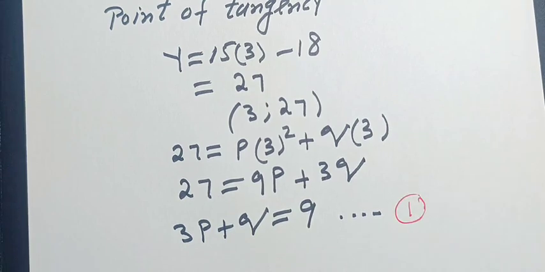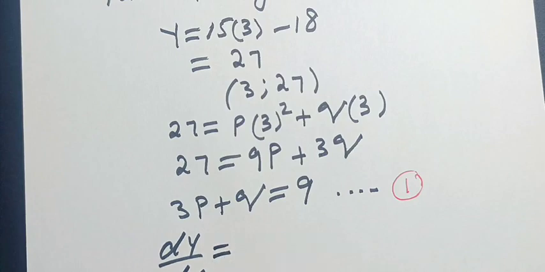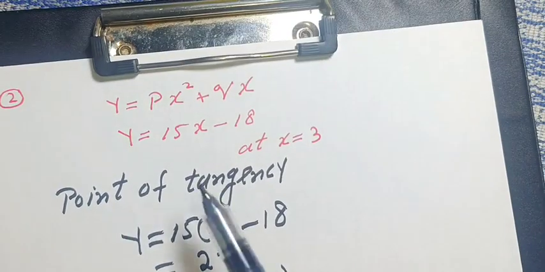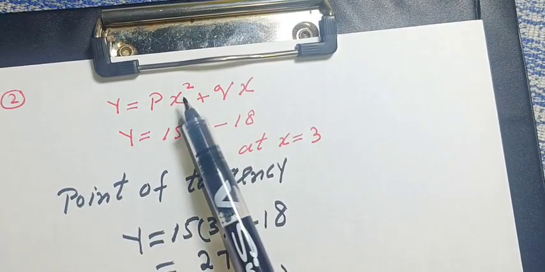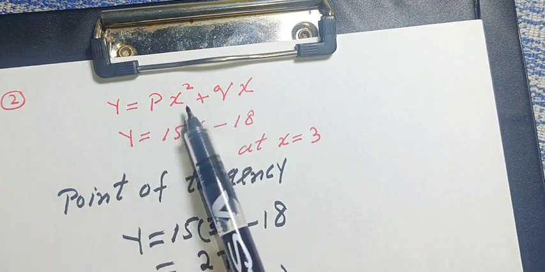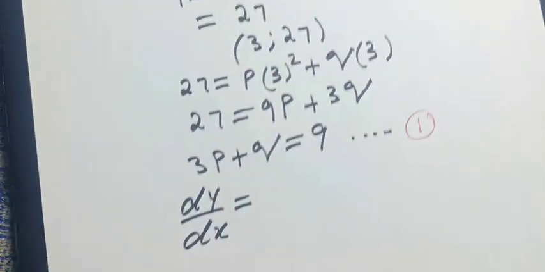Remember, we need to find the values of p and q, so we need to make two equations, then we're going to solve them simultaneously. Next I need to find the derivative of the equation of the graph with respect to x. So I'm going to apply the derivative: 2px plus q. The derivative of x is going to be 1.